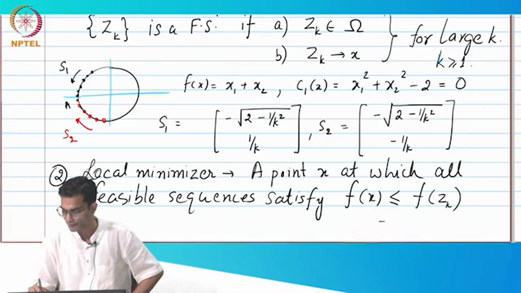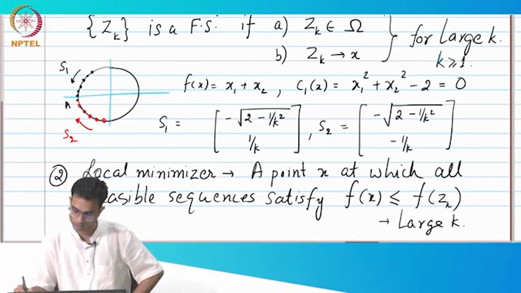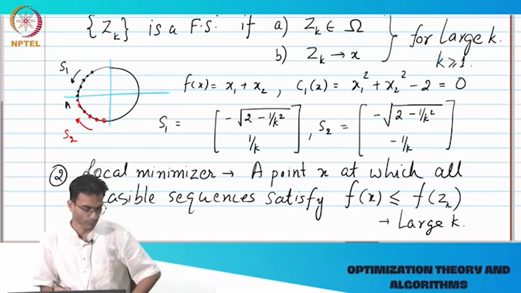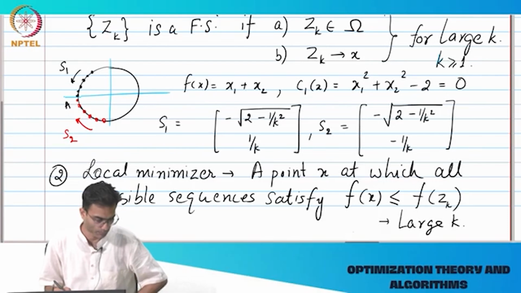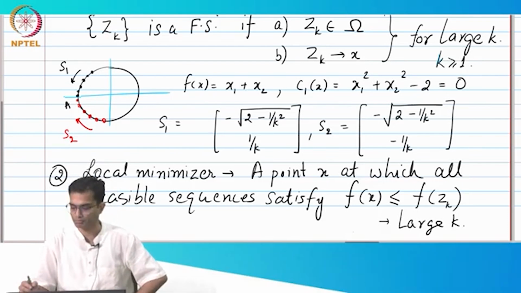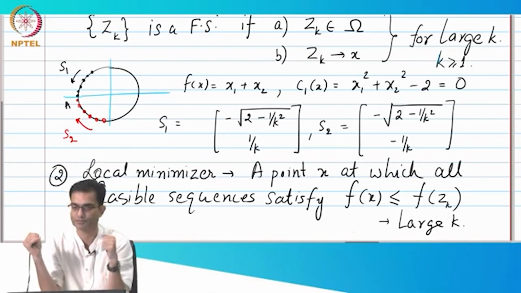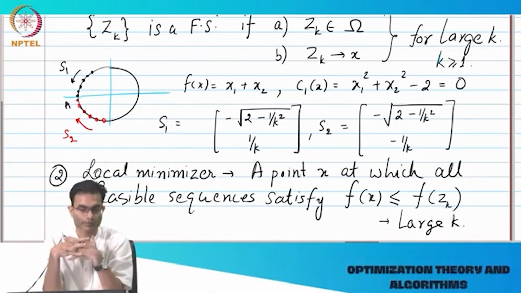Again, we are going to make this statement for large k. So based on these two simple concepts, the feasible sequence and the local minimizer, can we conclude that the point A is not a local minimizer?